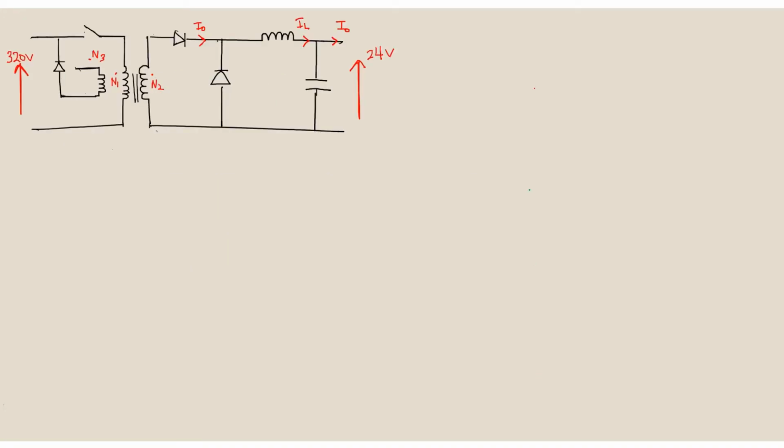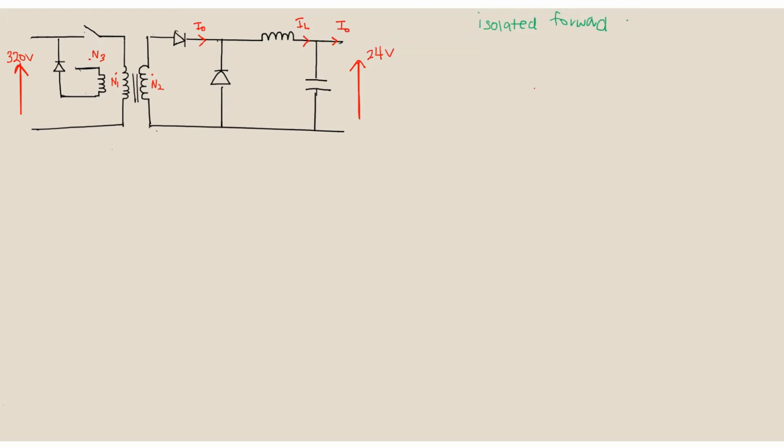Before we can solve example 4.7, I just want to introduce to you the formula. Do you still remember every converter has a very unique ratio of V out and V in?